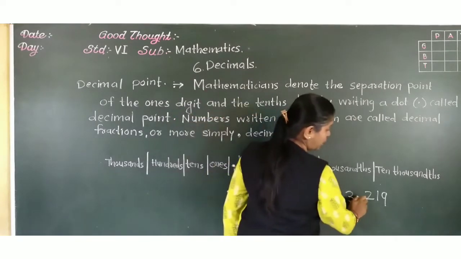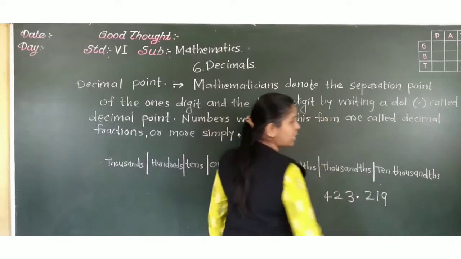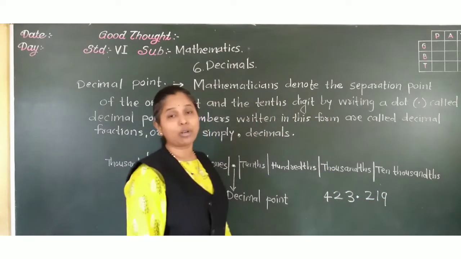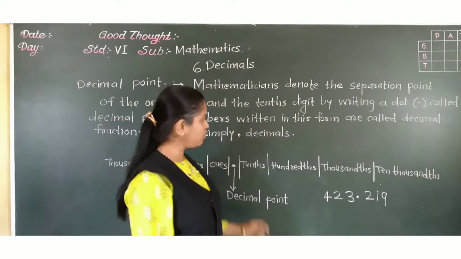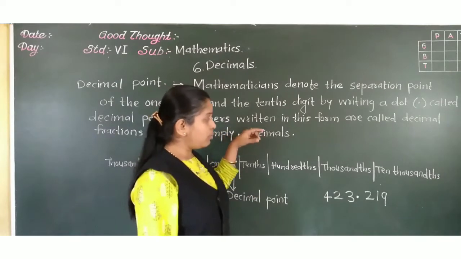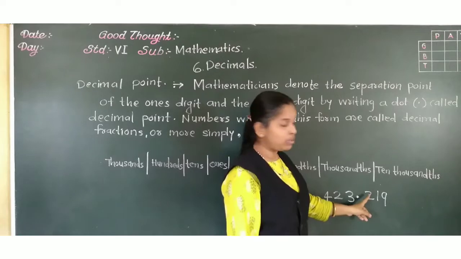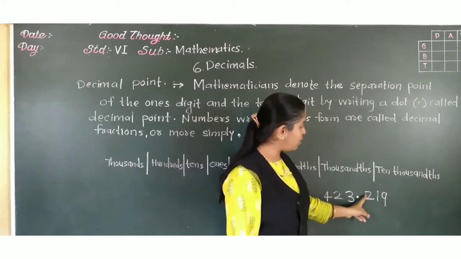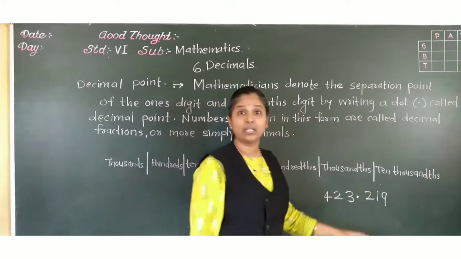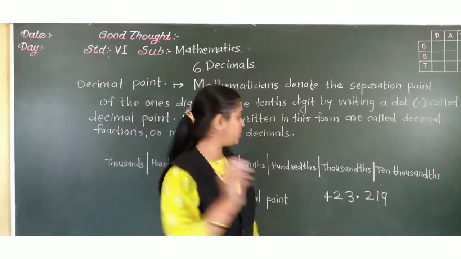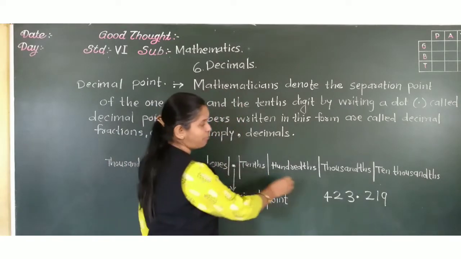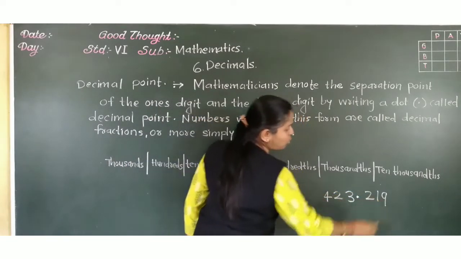The digits to the right side of the decimal point are called tenths and so on. What is the place of this digit? Tenth. After that, what is the place of one?